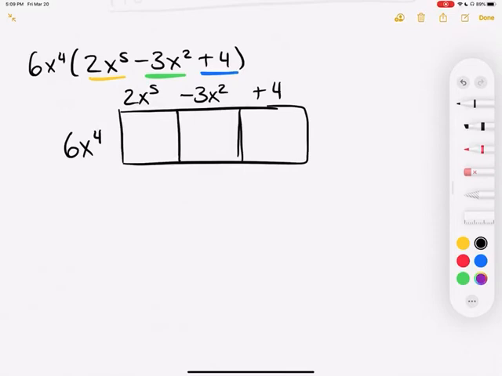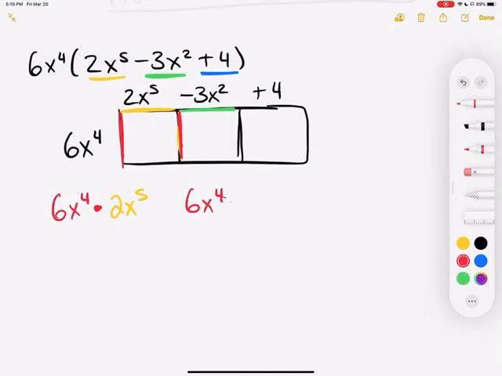Okay, so for the first area, it's going to be the length over here, that's 6x to the power of 4, times the length, which is 2x to the power of 5. That is the first area. For the second area, the height is 6x to the power of 4, and I'm multiplying the top side, which is negative 3x squared.